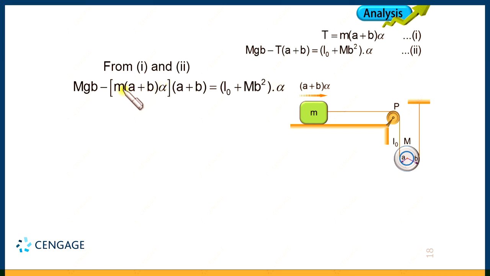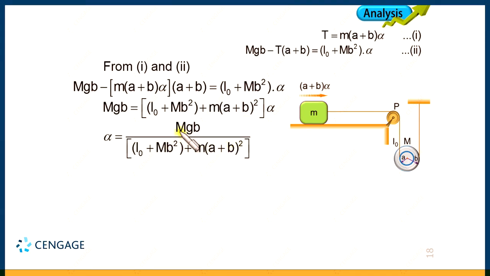We can rearrange this equation and take this term to the right side to get the value of alpha. That means alpha is equal to Mgb divided by I naught plus Mb square plus m(a plus b) whole square. We got the value of alpha.